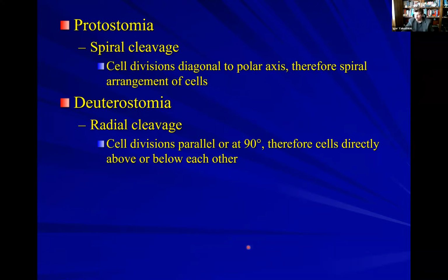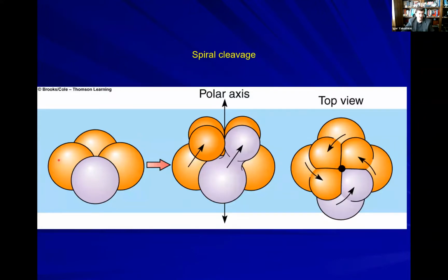So let's take a look right there. This is our four-cell stage embryo. On the very next stage, the third division, you will see that the cells will not be exactly over the existing cells. They will shift a little bit, turn.